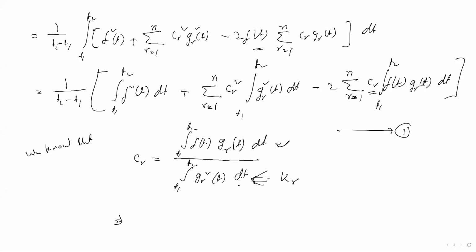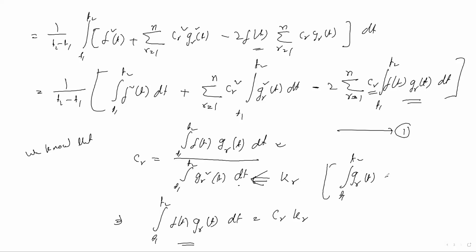Then the above function can be written as the integral from T1 to T2 of f(t) Gr(t) dt equal to Cr Kr. By putting this term here, we know that the integral of Gr squared(t) dt equals Kr.